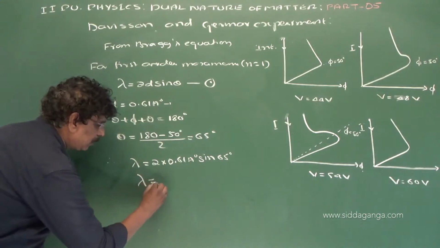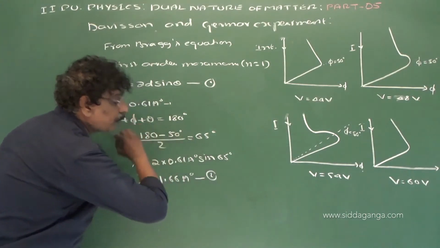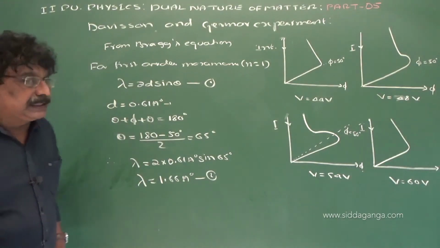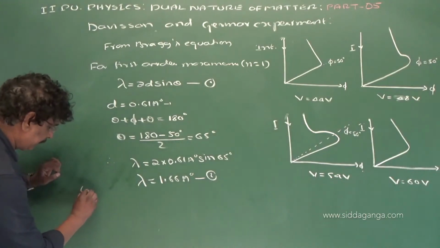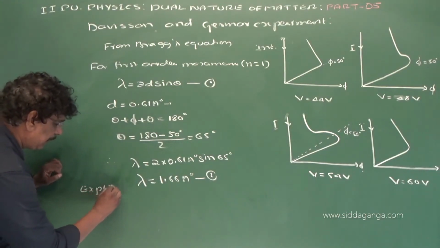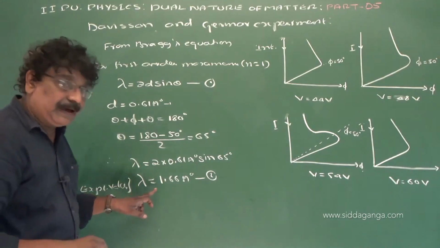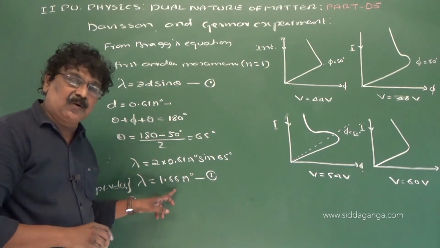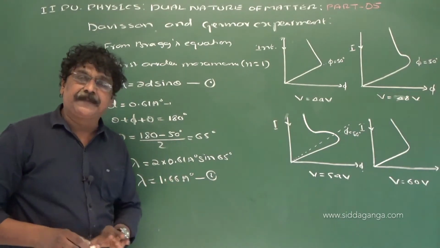This lambda comes out to be 1.66 angstrom unit, equation 2. So this is the experimental value of the wavelength of electron which undergoes diffraction: lambda is equal to 1.66 angstrom unit.